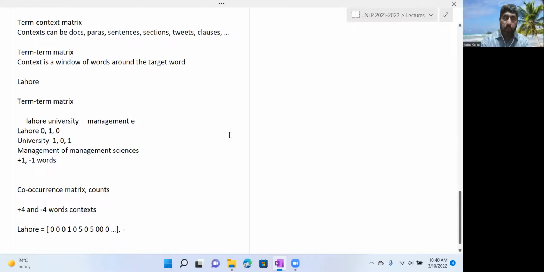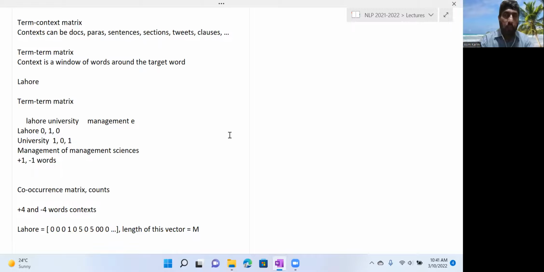And what would be the length of this vector? Basically M, which is the vocabulary size. Remember, the number of rows and number of columns is equal to M, which is the vocabulary size. And of course, vocabulary size can be large for many applications, easily in the thousands of words.